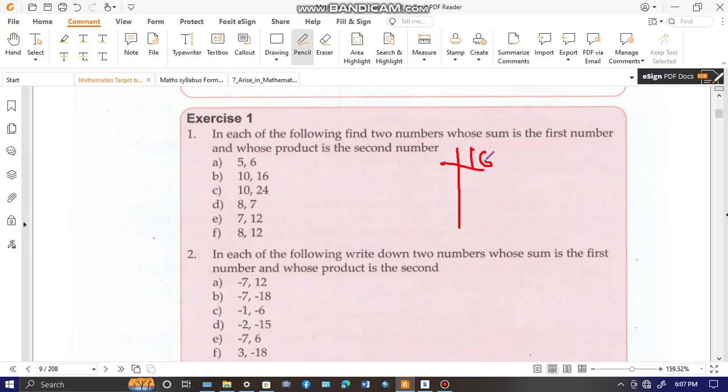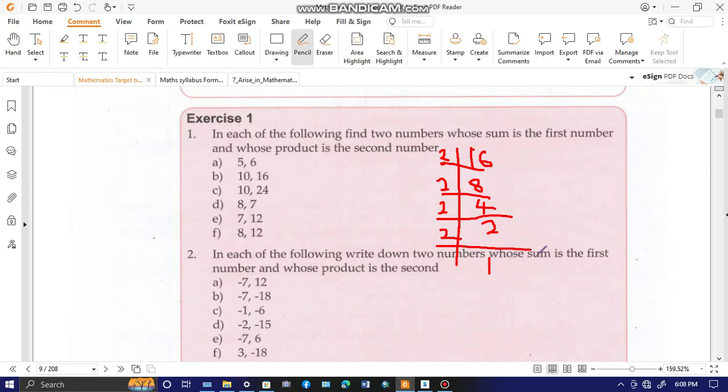So you use the number requiring a product. You start with a 2. 2 into 16 will give you 8. 2 into 8 will give you 4. 2 into 4 will give you 2. 2 into 2 will give you 1. Now you have four 2s here.